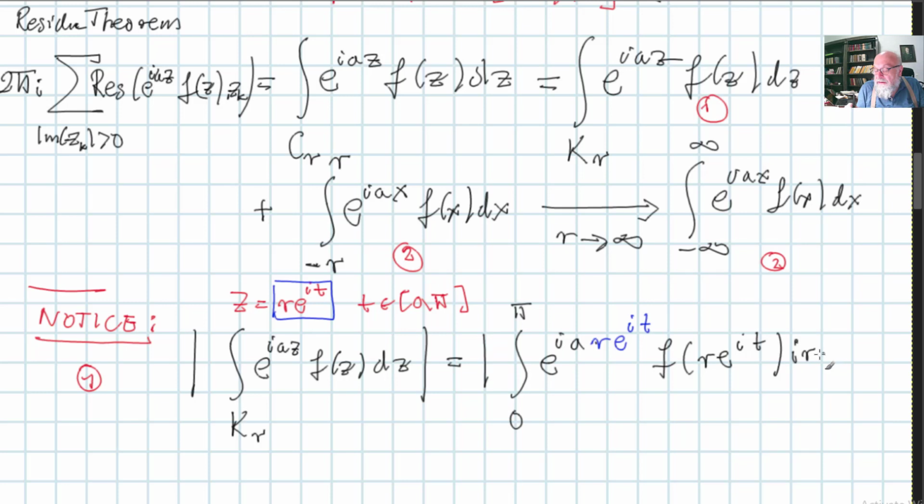So that was the integral: e^{iar e^{it}} f(r e^{it}) i r e^{it} dt.